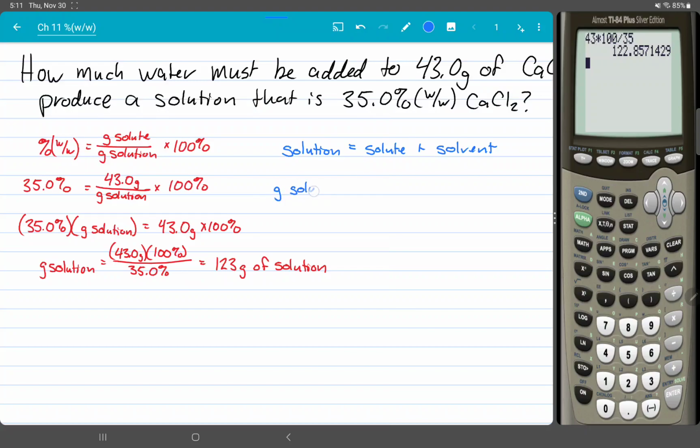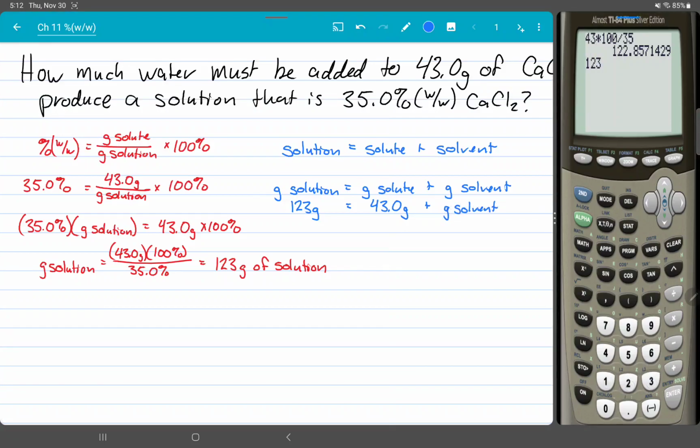Grams of solution will equal grams of solute plus grams of solvent. So I know that I'm going to have 123 grams of solution. I know that I have 43.0 grams of solute. The grams of solvent, the grams of water that I need to add, is what I can solve for here.